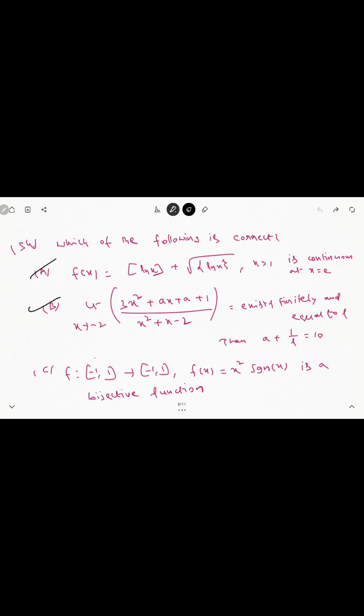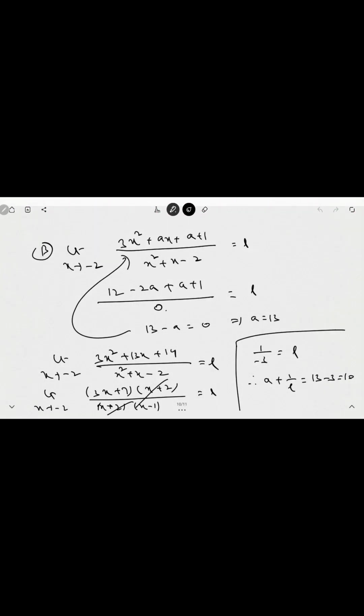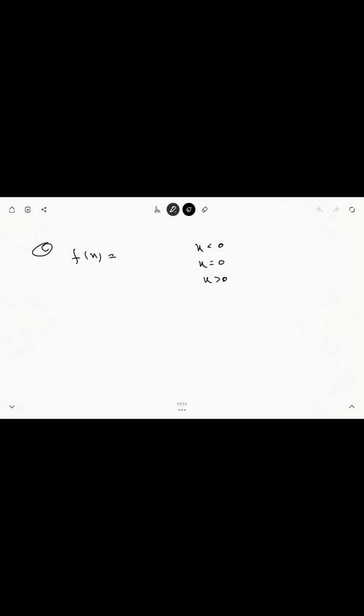So minus 1 into x square, we are getting minus x square. Correct or not? The signum function is minus 1 whenever x is negative. For x positive it is x square, because the signum function is 1 whenever x is positive. Exactly 0 means 0. So it is a function.